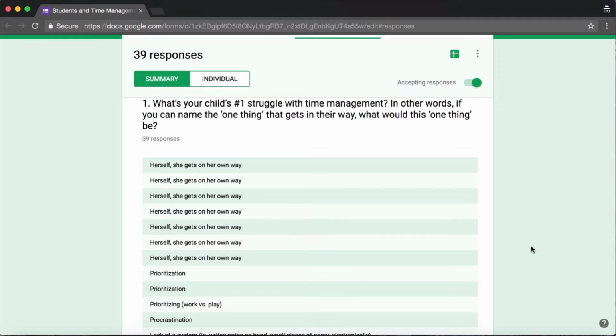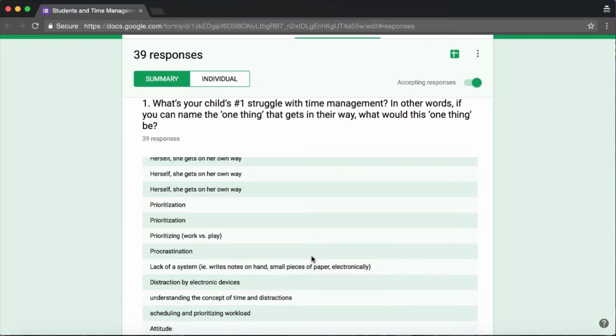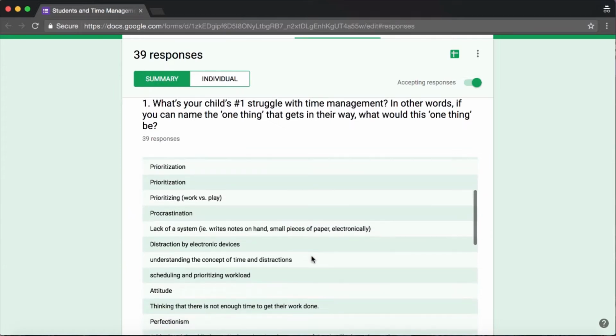You want to find the words that they are constantly using, right? So what I would do is print out these answers and start circling words that constantly come up.